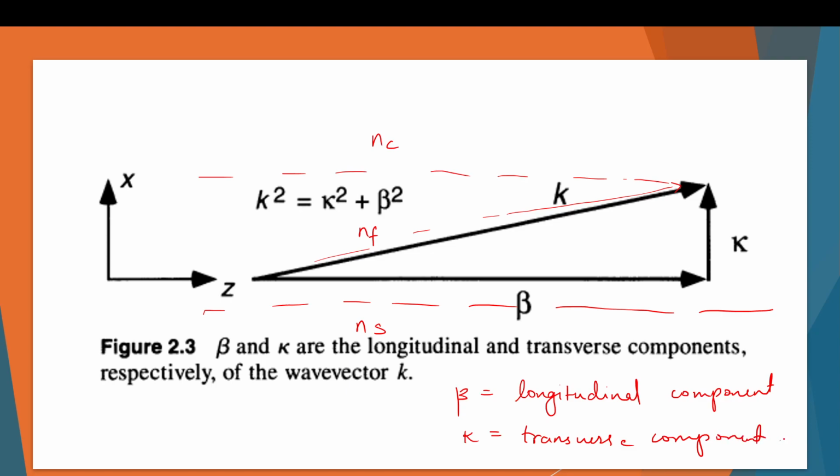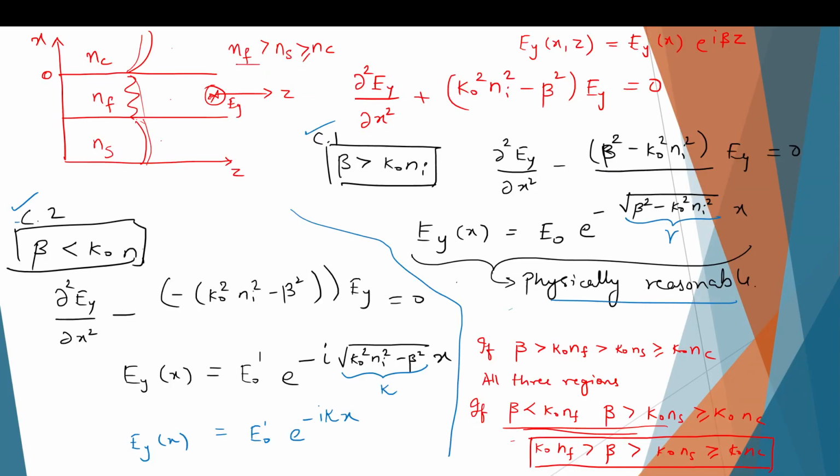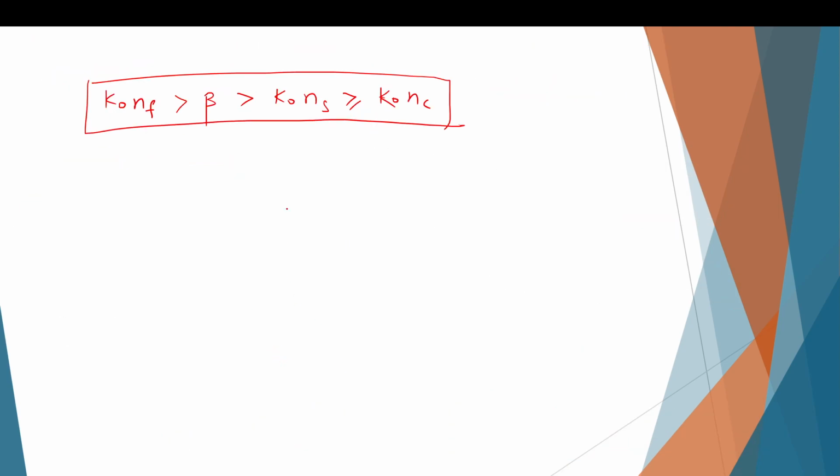Okay. Just to remind you, kappa was basically this number. I'll just write down case 2 here again. Case 2 is when beta is less than k naught. So when it is less than k naught times nf, beta will be less than k naught times n film.